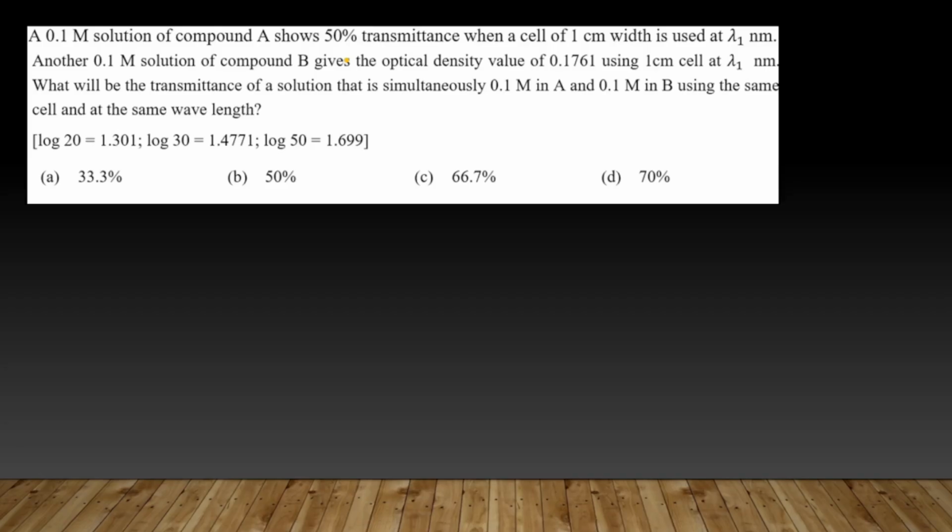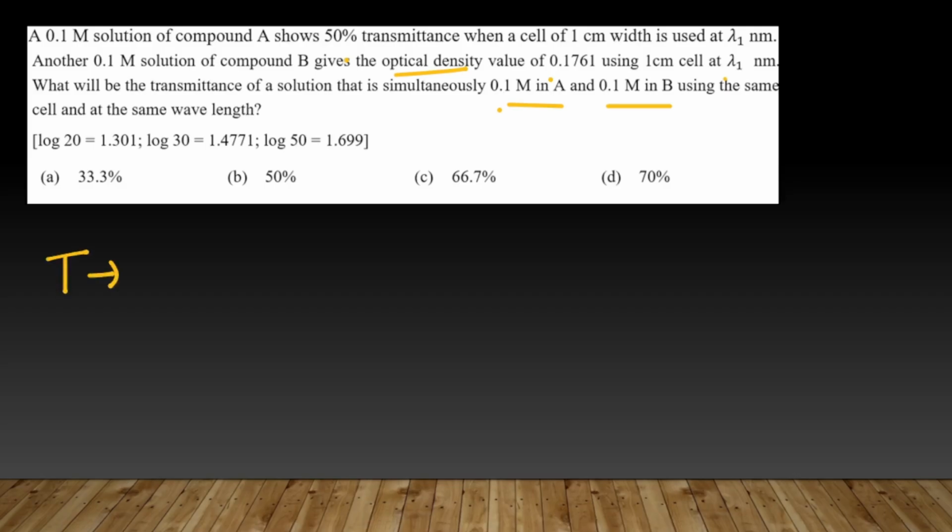And another 0.1 molar solution of compound B gives the optical density, which means the absorbance value, of this much using the 1 centimeter length at the same wavelength. What will be the transmittance of a solution that is simultaneously 0.1 molar in A and 0.1 molar in B using the same cell and the same wavelength? So now here a mixture of both of these is obtained. Now we have to find the transmittance value.